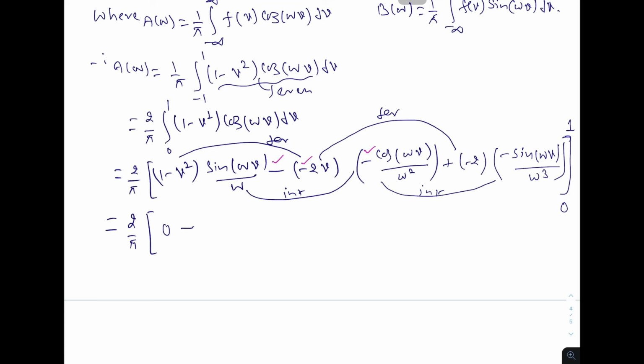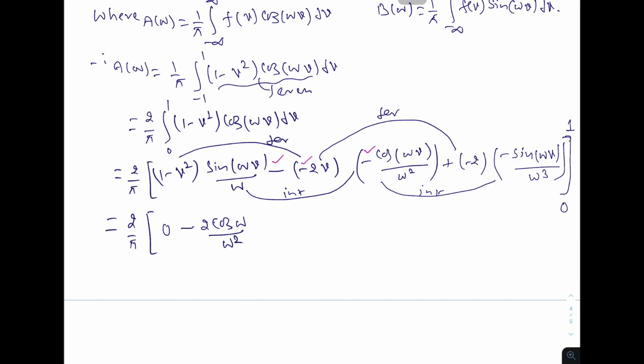Then 2 and v. v is 1. And cosine omega over omega square. Now here v is 1.